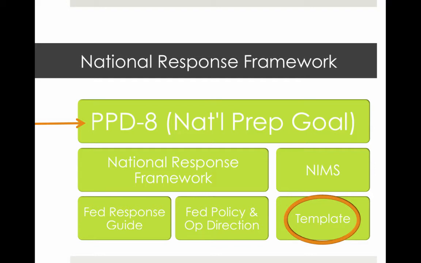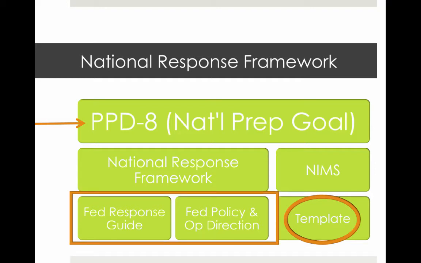Now, the NRF is a guide to how the nation conducts all hazards response. The NRF is a general set of principles by which federal resources participate. When special circumstances exist where the federal government needs to exercise a larger role, so maybe federal assets themselves are at risk, or it's a catastrophic incident where a state would be overwhelmed and require significant support, the NRF provides the structure and mechanisms for national level policy and operational direction for incident management.